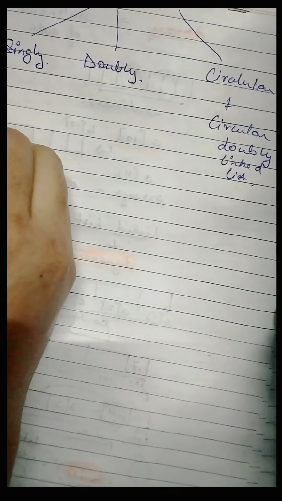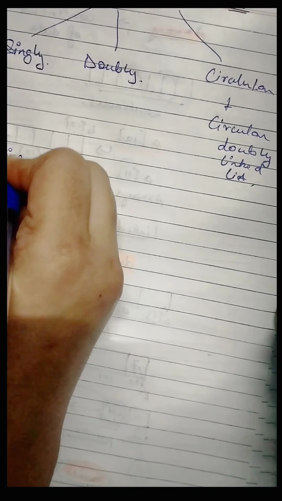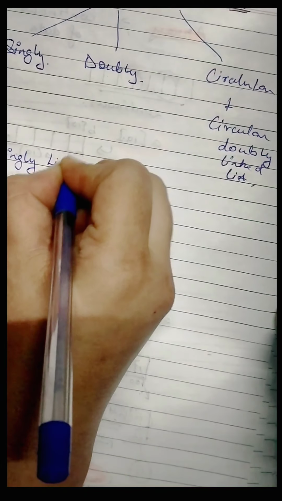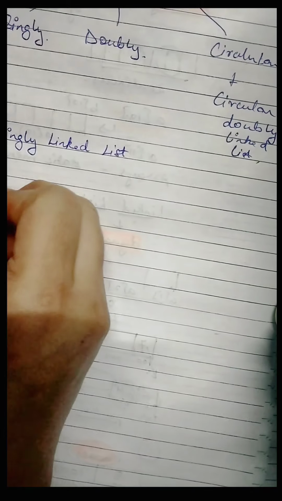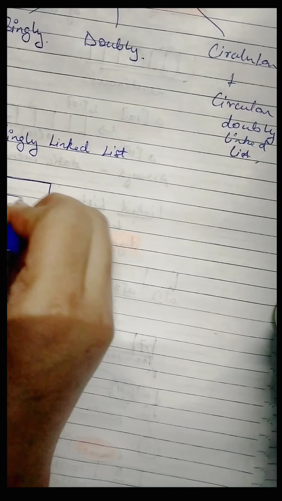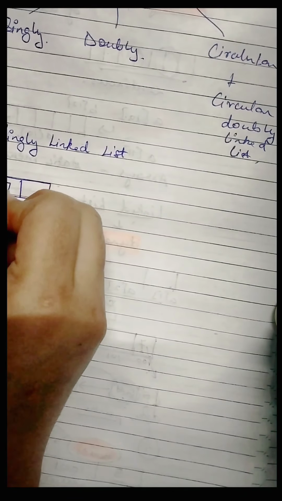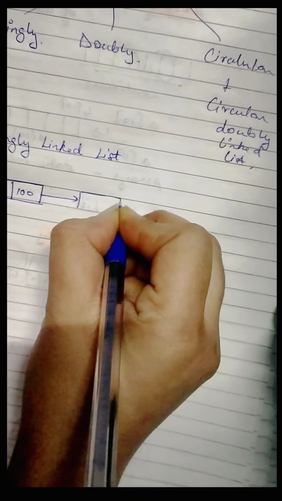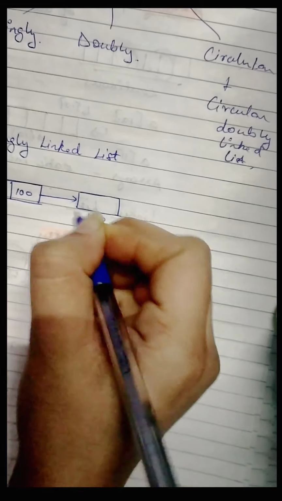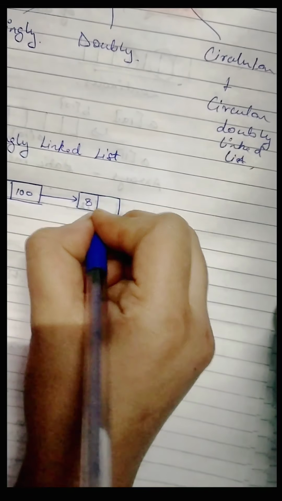In your singly linked list, as you all know, in a linked list we have nodes. What is a node? A node is simply a part where you have data plus the address, which will point to the next address space that will contain some other data.